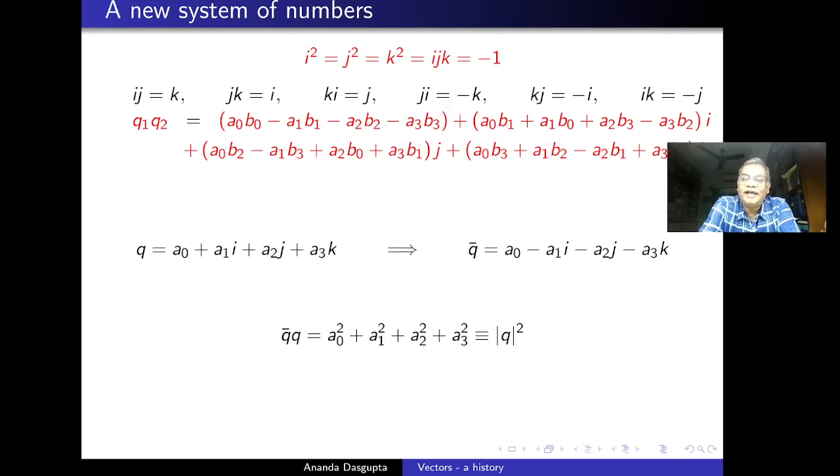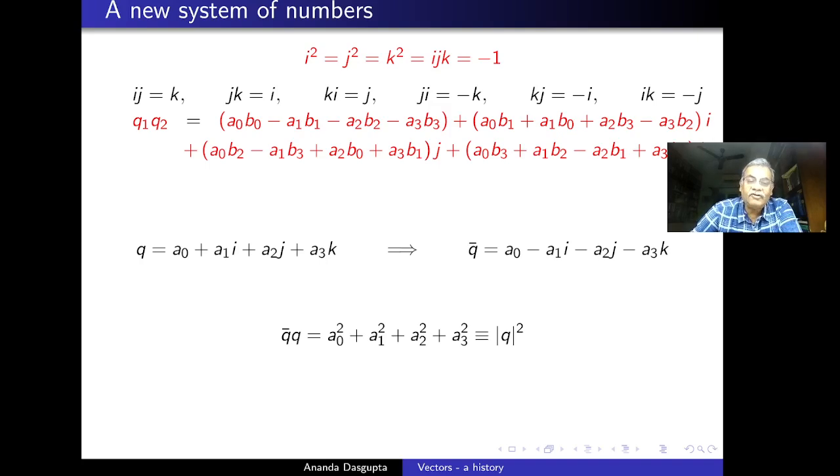You call this the length of the quaternion Q squared. Mod Q is a symbol for the length of the quaternion Q. And ultimately, what this tells you is that if you multiply a quaternion by its conjugate, you are going to get a real number, which is not 0 unless A0, A1, A2, A3, that is Q itself, is 0.